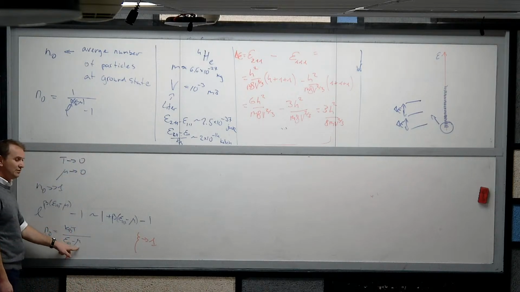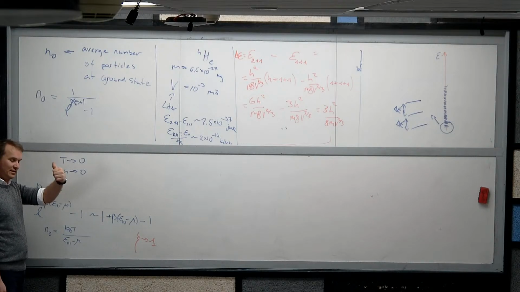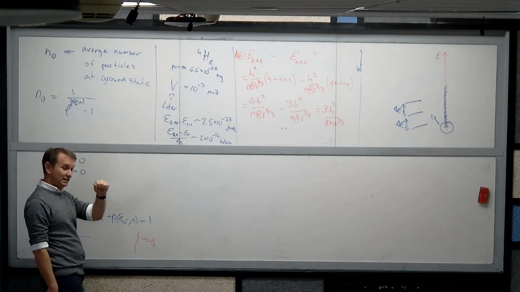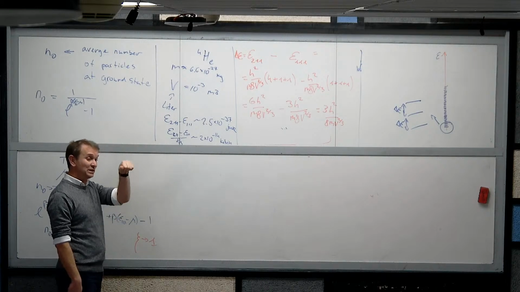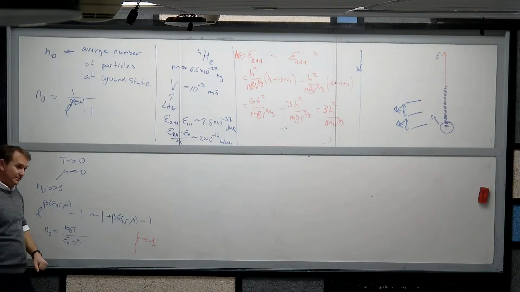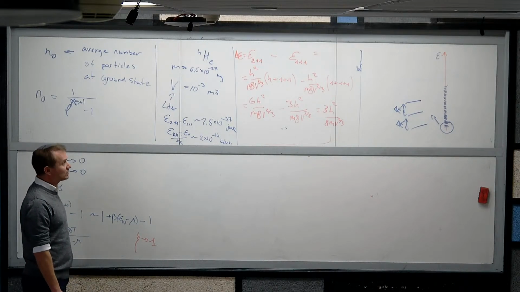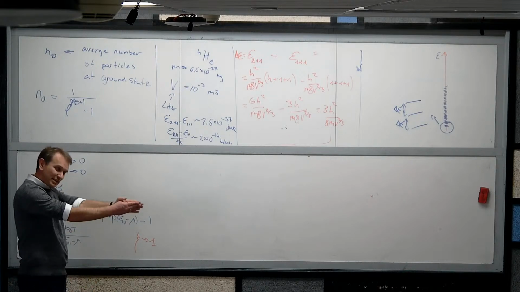Mu is negative, remember, and T is decreasing, and mu is increasing. It's going towards 0 as we decrease T, and as we increase T, it's going to be more and more negative. So mu as a function of T is a decreasing function, but it's negative, getting away from 0.